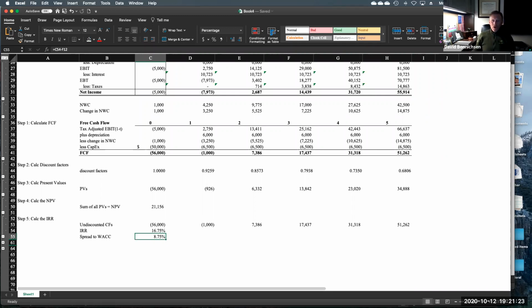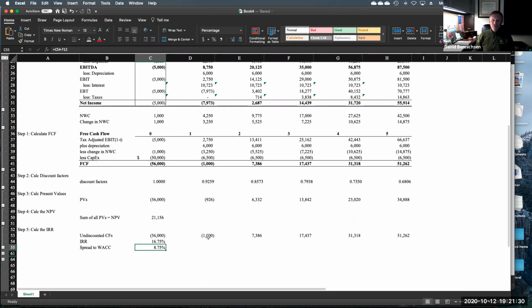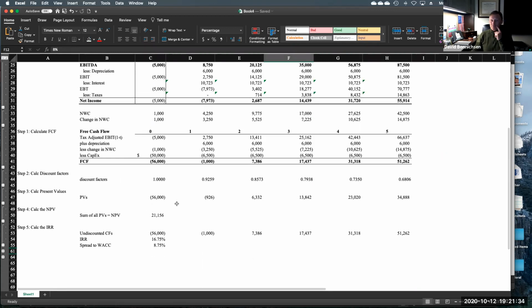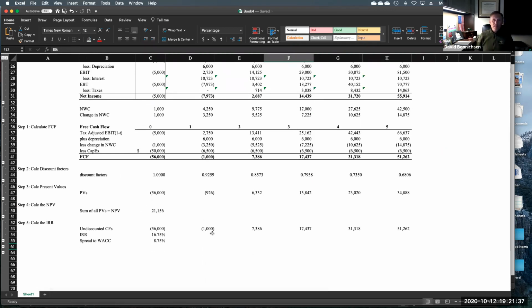Okay, so we calculate the IRR, but another variable to consider is the spread to the WACC, the spread to the cost of capital, the spread to the discount rate, because there will be times when you're doing your capital budgeting that you're going to have two projects that look really good, that might have similar net present values, but one's going to have a larger spread. Okay, and barring anything else, any other projects that you might be looking at, you're going to look at the one that's got the higher spread. Okay.